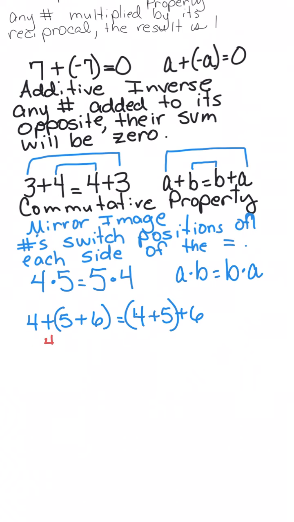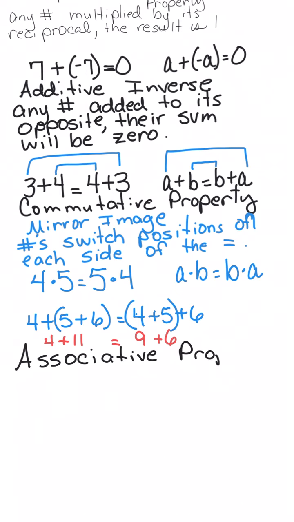So this would be 4 plus 11, and that is still equal to 9 plus 6. So this is called your associative property of addition.